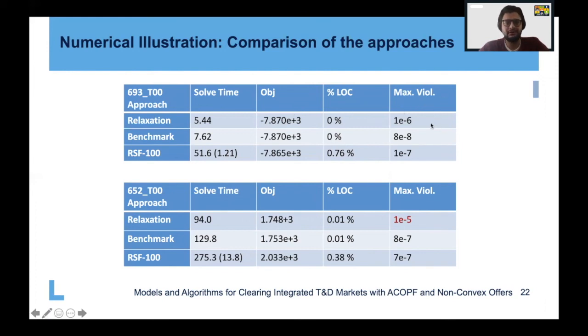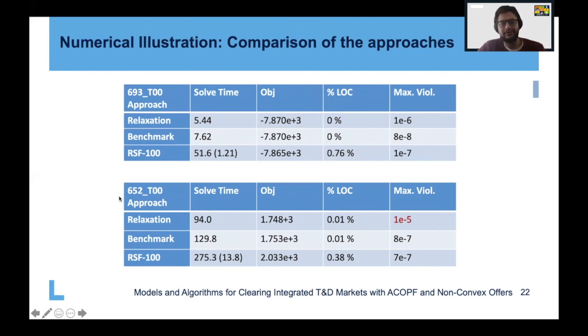So we see that for the small test case, the relaxation is already more or less feasible. The benchmark also gave the same objective value, and the RSF approach gives a near-optimal objective with a small LOC.